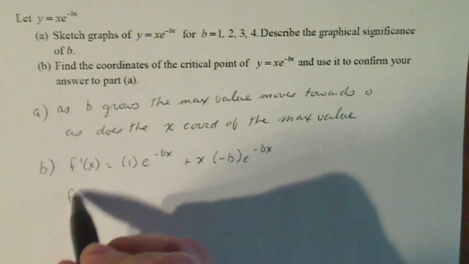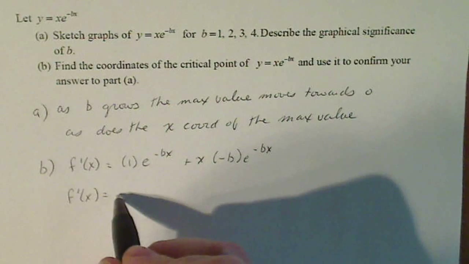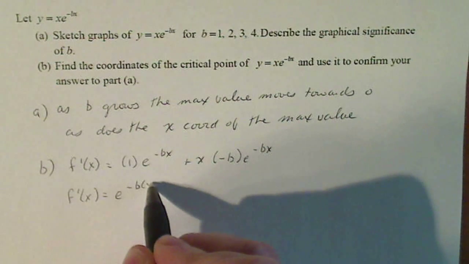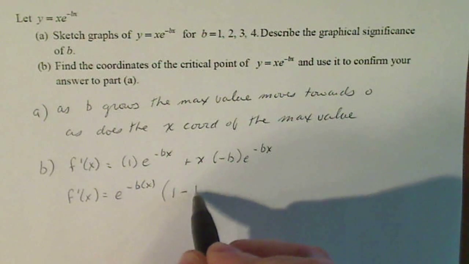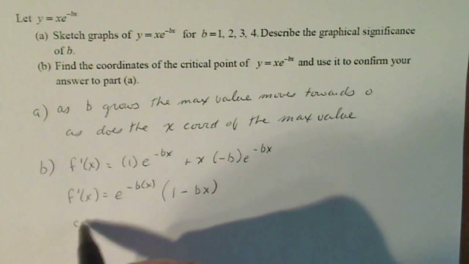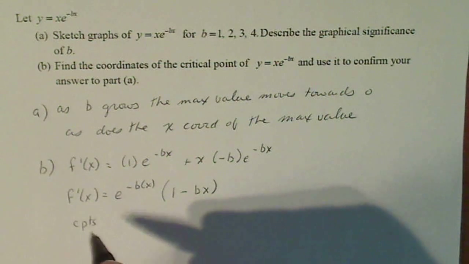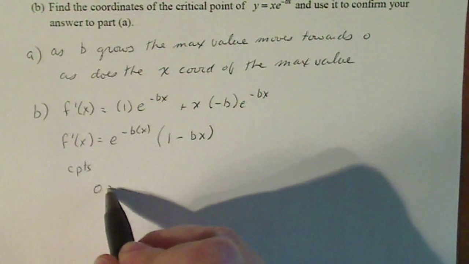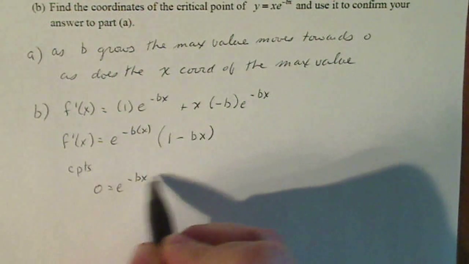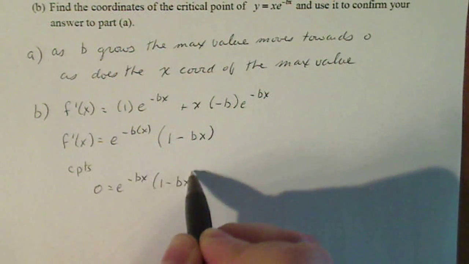Now I am going to simplify this a little bit. Factor out an e to the minus bx, and what I have left is 1 minus bx. The critical points occur when f prime of x equals 0. So that's where 0 equals e to the minus bx times 1 minus bx.